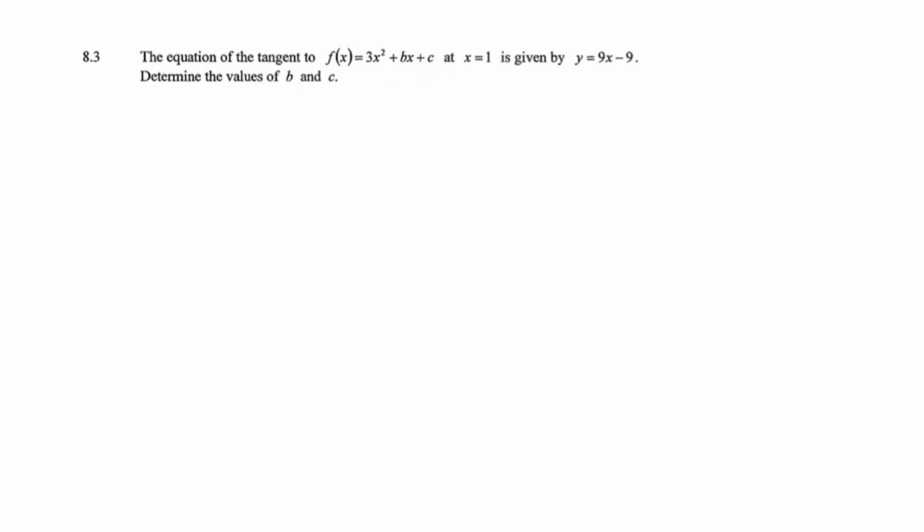And we know that the graph of a quadratic equation is a parabola. Next, we know the equation of a tangent to f(x). So the equation of that tangent is y equals 9x minus 9. And at the point of intersection, or the point where they meet, we know that x is equal to 1.